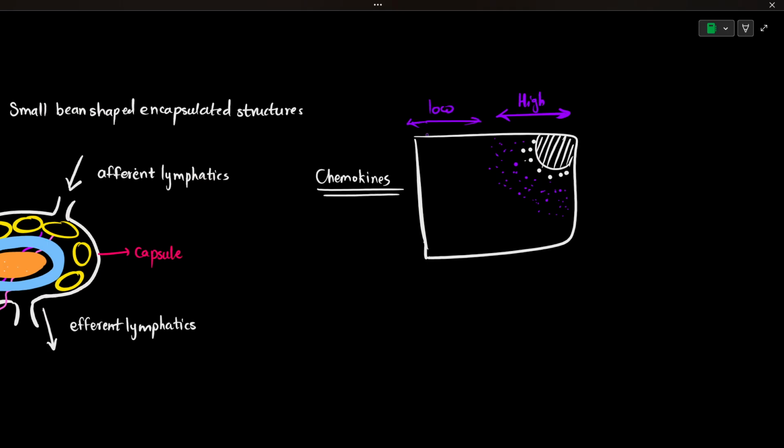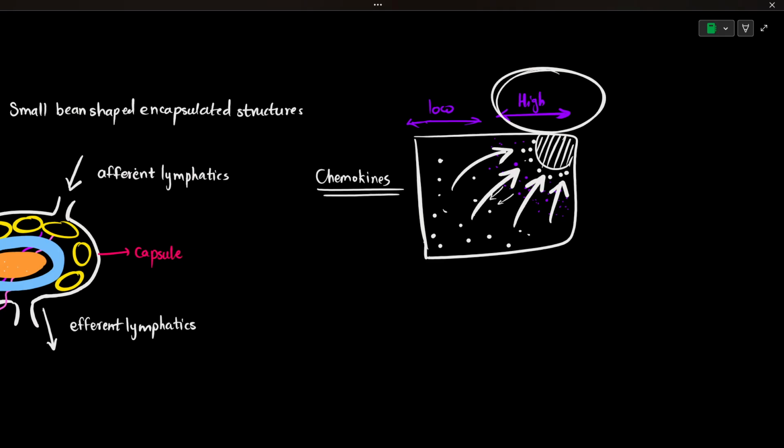That helps the immune cells residing in the other parts, which are not infected yet. They get those signaling molecules and see that the chemokine concentration is higher in this region, meaning the immune cell requirement is high there, and that alerts the immune cells to migrate to that region.